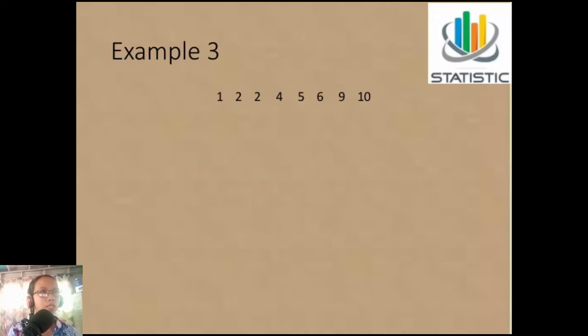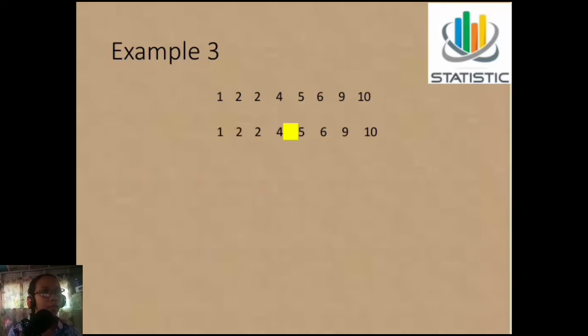Example number 3. Given the values 1, 2, 2, 4, 5, 6, 9, and 10. Here, the middle value is again between two numbers, between 4 and 5. This leaves two sets, 1, 2, 2, 4, and the set of 5, 6, 9, and 10. The middle value of the first set is between 2 and 2. We take the mean average of these.